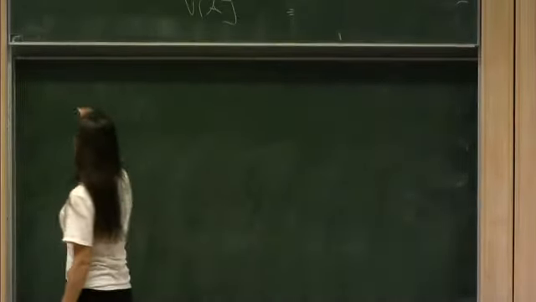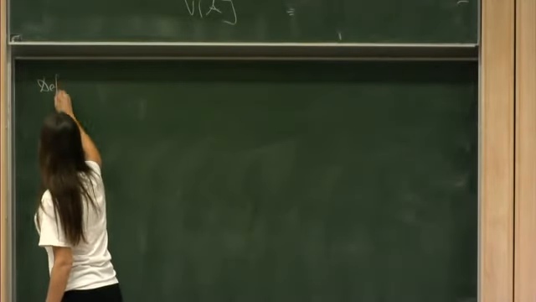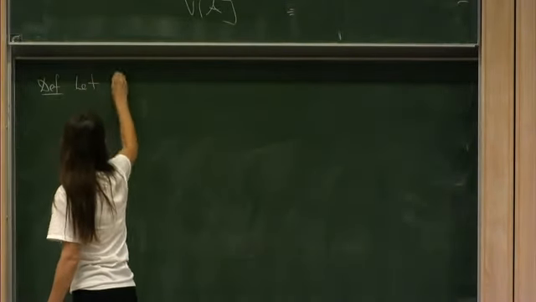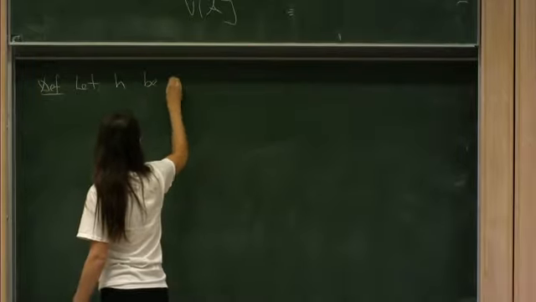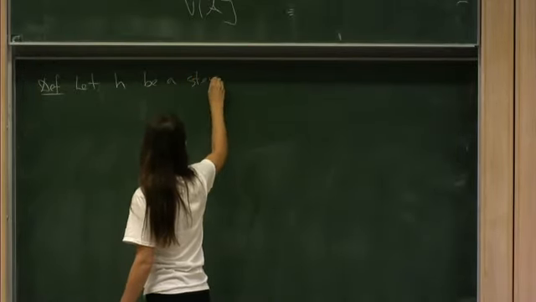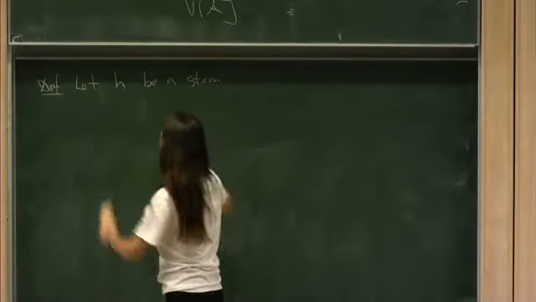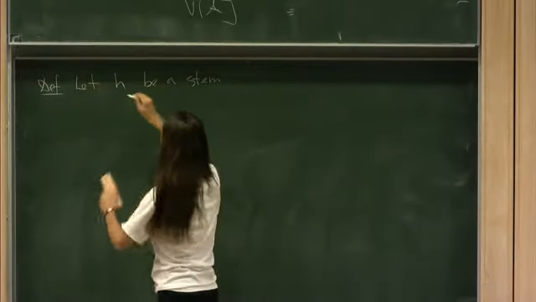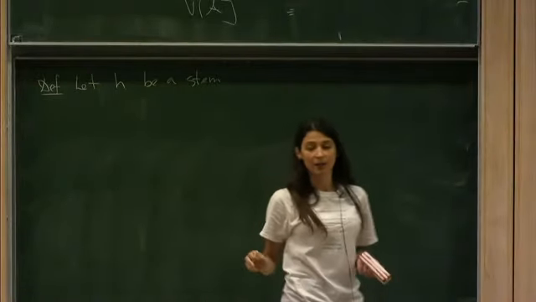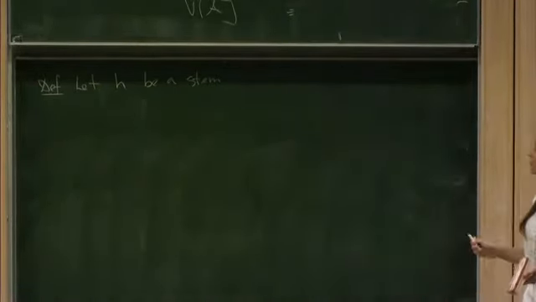I showed the following. So definition, let H be a stem. So I showed that there is unboundedly often stems H for which the following holds.